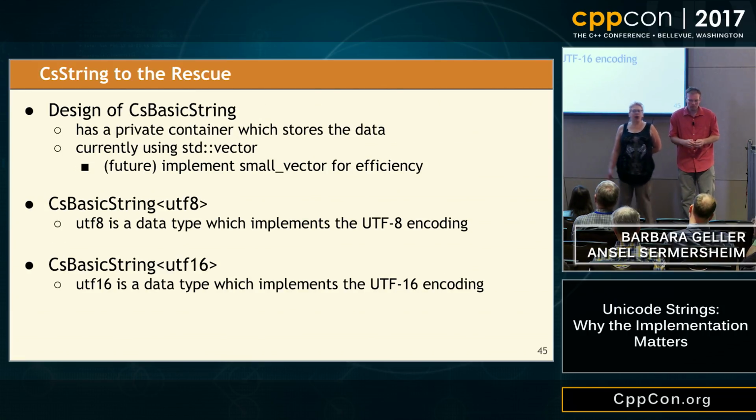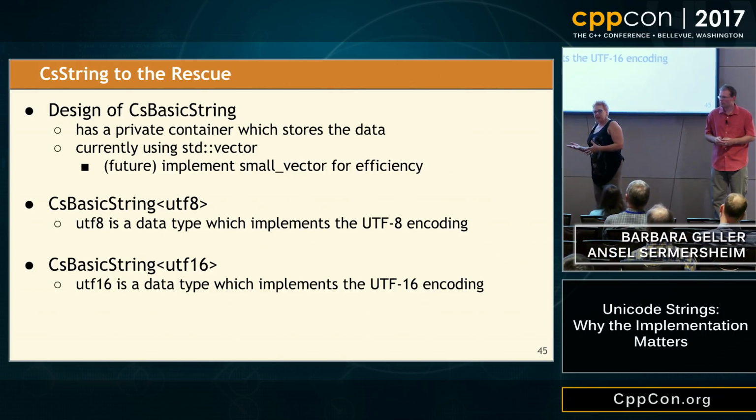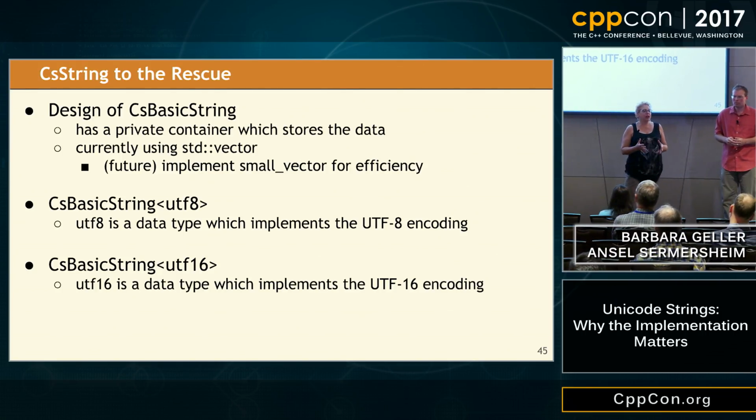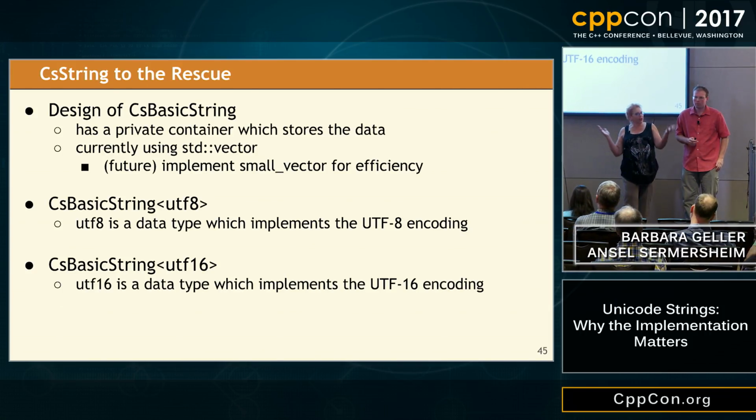So the design of the library: CsBasicString really encompasses everything we need to do. It's pretty much a drop-in replacement for std::string. We have written all the methods; there are a lot of find methods, and we have added numerous ones.